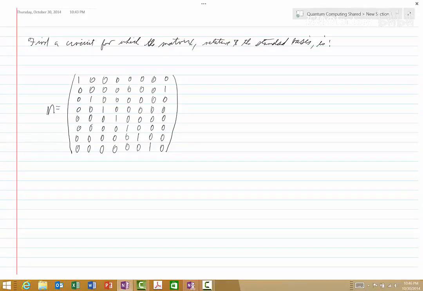Now we're using the standard basis, and so that means that our basis is the following. And this is in the correct order.